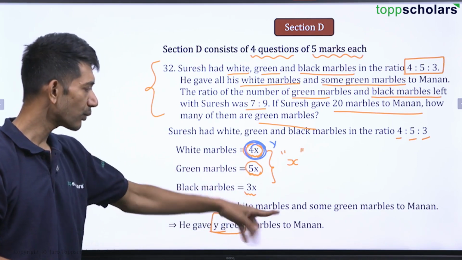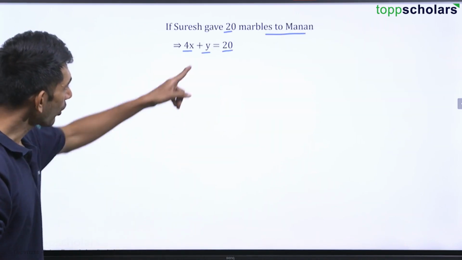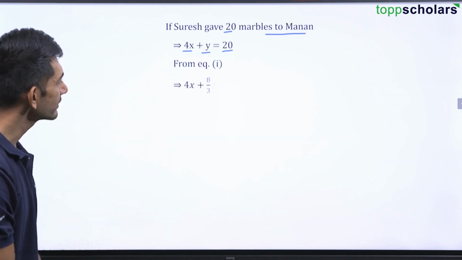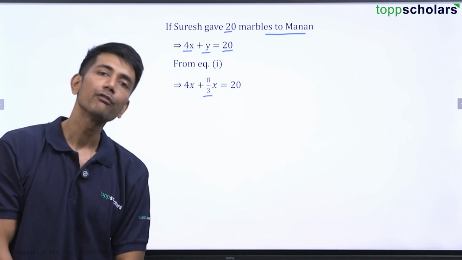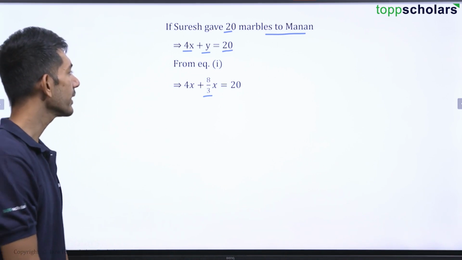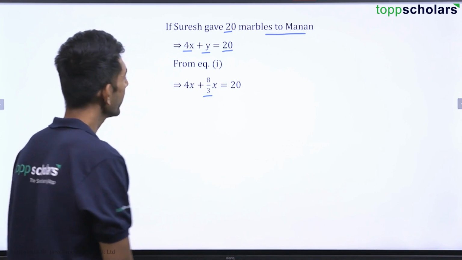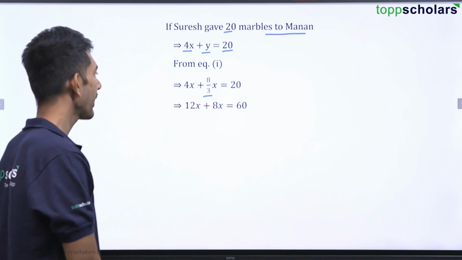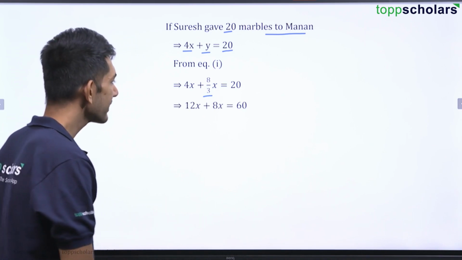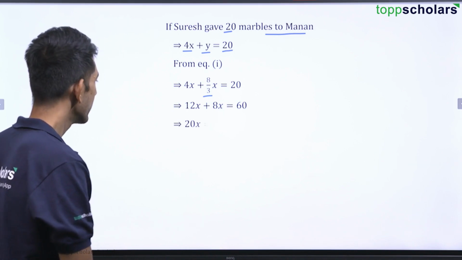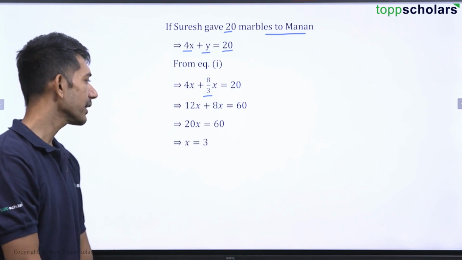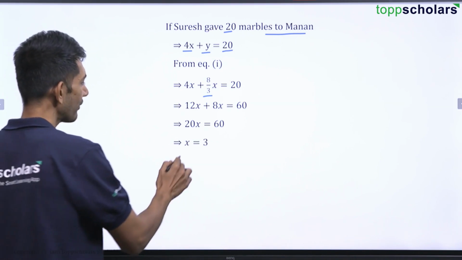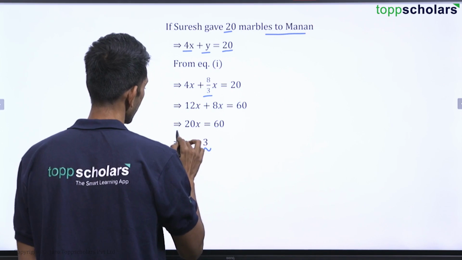But already we know that y is equal to 8x by 3. So instead of y, I can substitute 8x by 3. So 4x plus 8x by 3 is equal to 20. So from here, I get (12x plus 8x) by 3 is equal to 20. So 12x plus 8x is equal to 3 into 20, that is 60. I get 20x is equal to 60. So x is equal to 60 by 20, and that gives me 3. So the value of x that I get is 3, right?